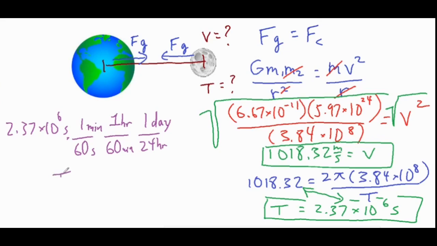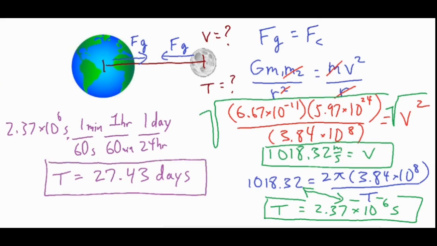And then our period gets converted into days, and we end up getting 27.43 days, which is pretty close to the accepted value of 27.3 days. But within that calculation, we did a little bit of rounding, and there's some other factors that affect the period of the Moon that makes it not a uniform circle. But either way, that is how you do the conversion to get the period in days.